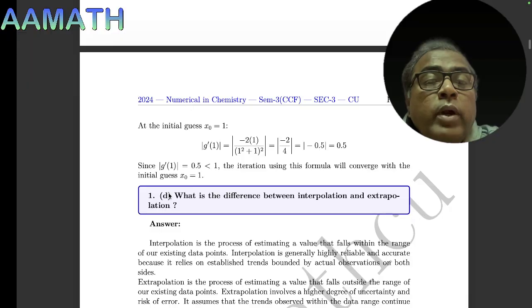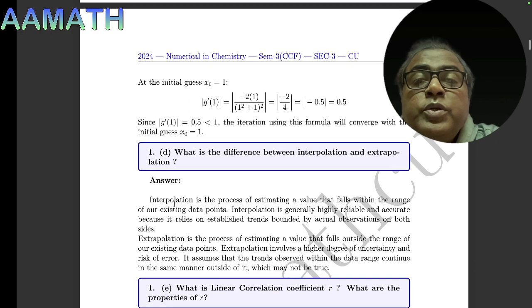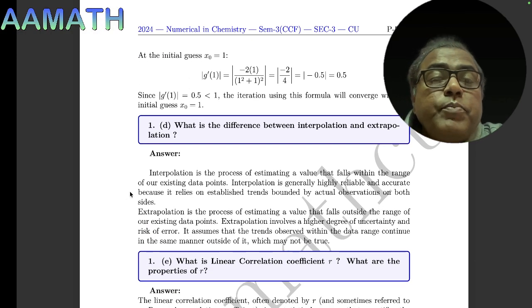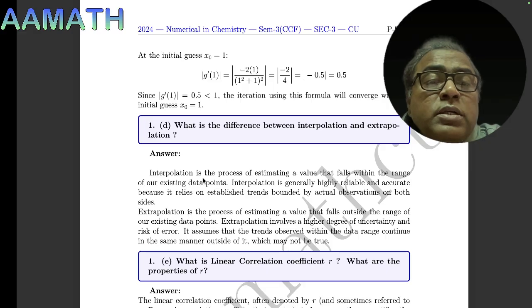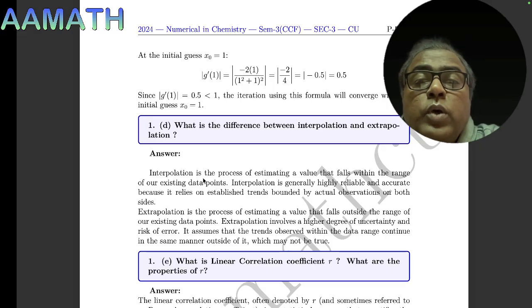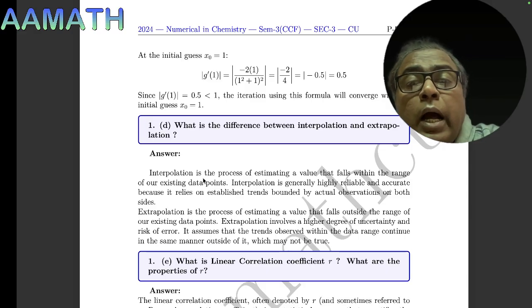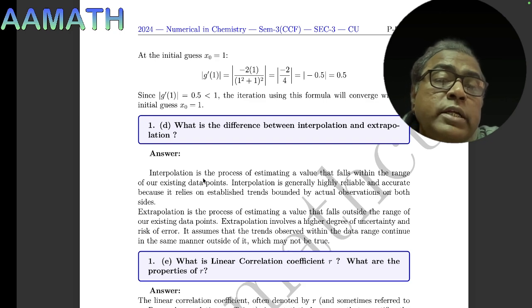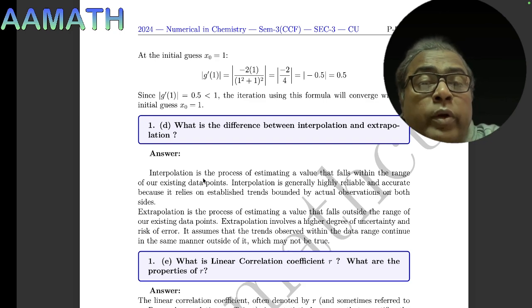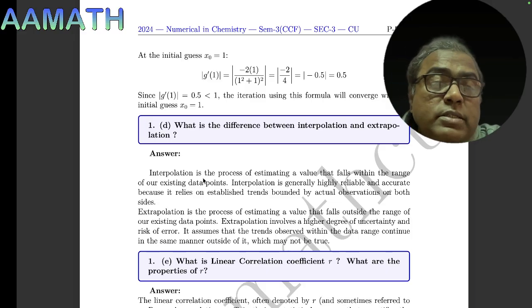Next question, 1d. What is the difference between interpolation and extrapolation? Actually, interpolation is the process of estimating a value that falls within the range of our existing data points. Interpolation is generally highly reliable and accurate because it relies on established trends bounded by actual observations on both sides.